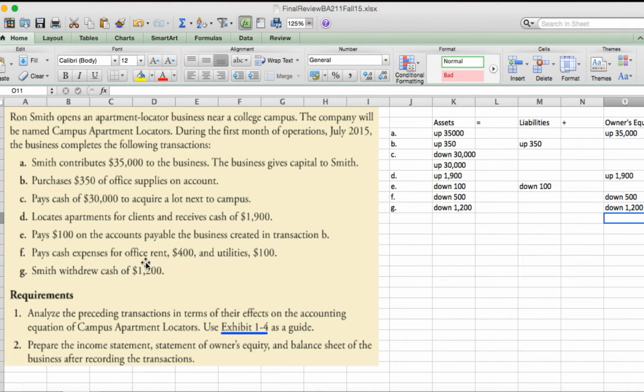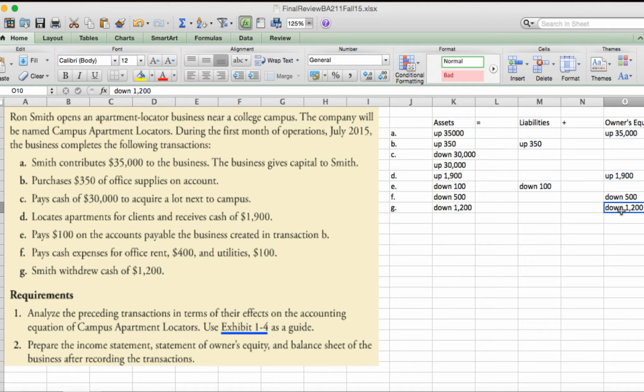For the statement of owner's equity, you basically would look at all of these transactions and say, okay, which of these transactions affected owner's equity? Each of those that affected owner's equity you would have recorded in the statement. So for A, we would start with 0 because this is a brand new business.